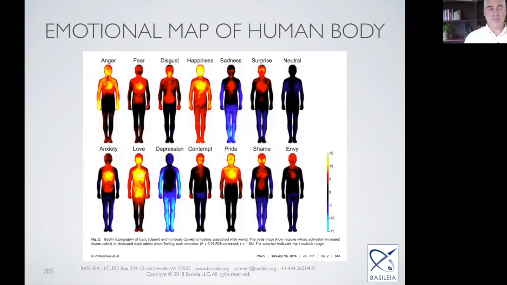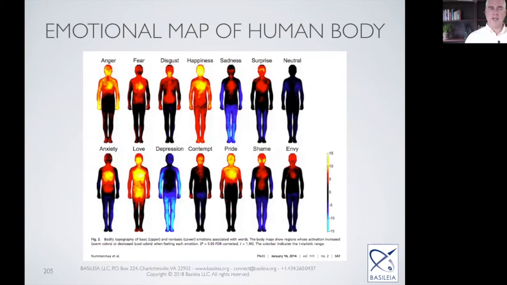In happiness, notice we feel sort of warmth all over our body, with really intense warmth around our heart and around our head and face. And perhaps I'll contrast that with depression, where we feel cool in our extremities, cool in our head, neutral in our torso. But a very sharp contrast between happiness and depression in terms of this state in ourselves.